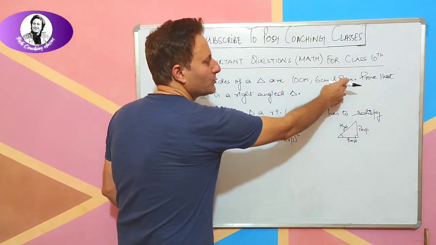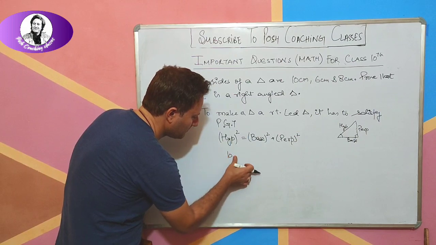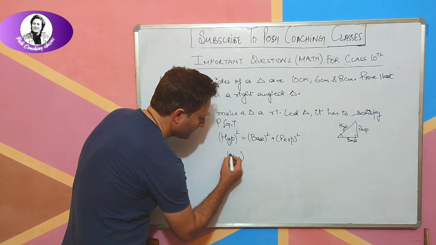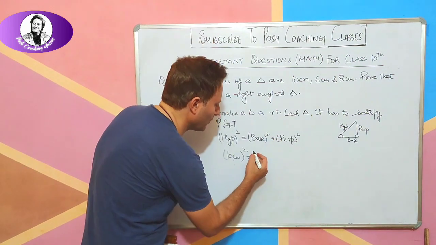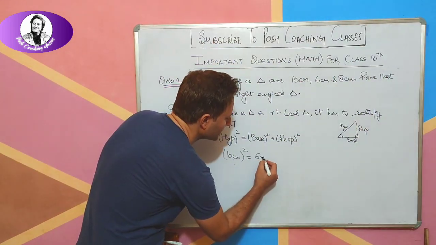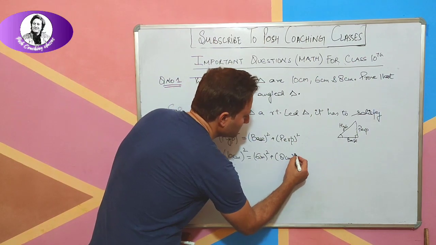So we will choose the longest side, that is 10 centimeter. And then base and perpendicular, you can choose either one, not a problem: 6 centimeter and 8 centimeter.